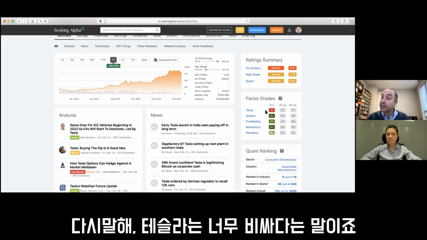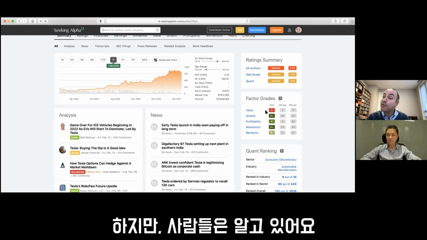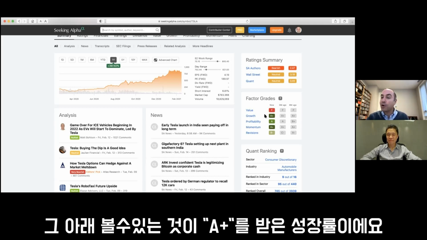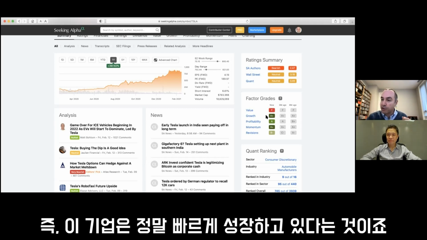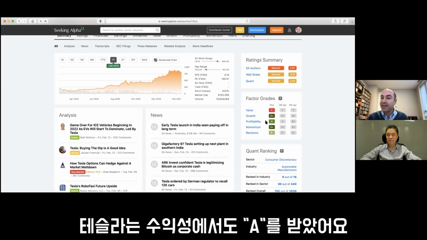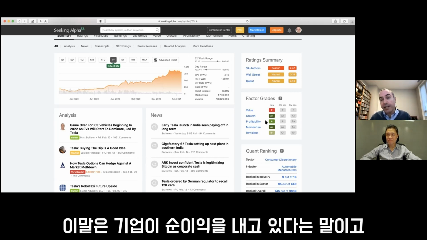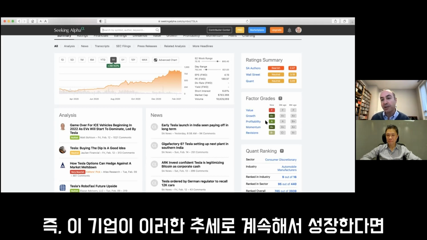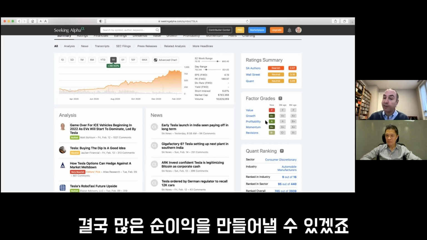Which means it's very expensive. But people know that, and people who love Tesla know it's a very expensive stock. But it gets an A+ for growth, which means the company is growing really fast. It gets an A for profitability, which means it's generating real profits, and it's got good profit margins in its business. So if this company keeps growing at this rate, it's going to generate a lot of profit.